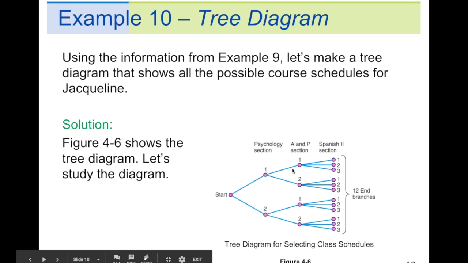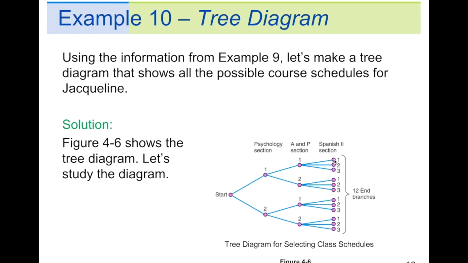Then for A and P, she can choose section 1 and section 2 of A and P. But that's after she's chosen the psychology, so that means we're up to 4 choices. And then for each A and P section, she can choose 3 Spanish 2 sections.